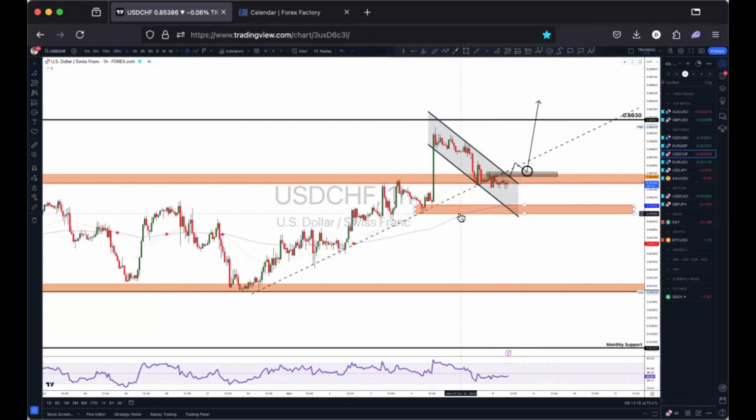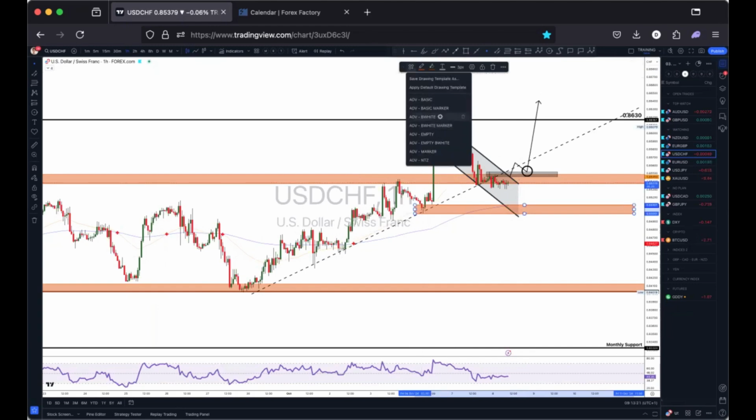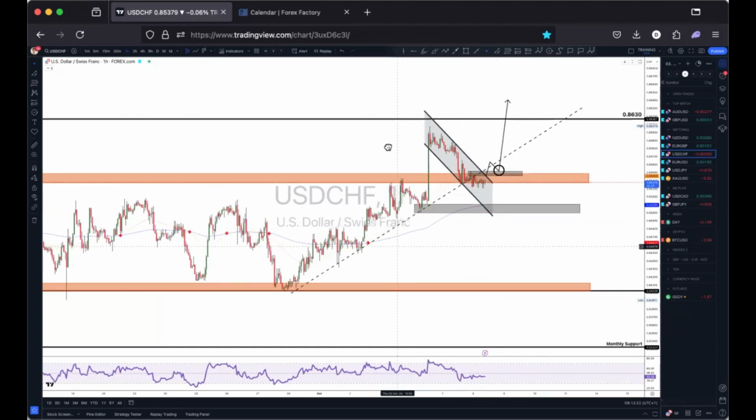Now, if the market proceeds to break below here, I would possibly look into selling. It might even be a very short-term kind of sell, it's not going to be long. I won't wait for the market to come all the way down to this support level.